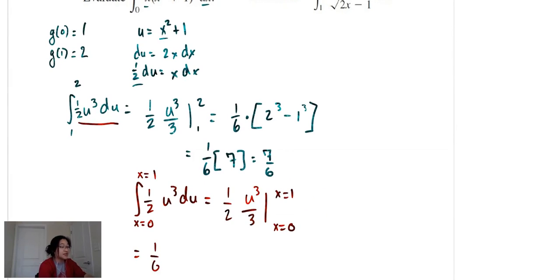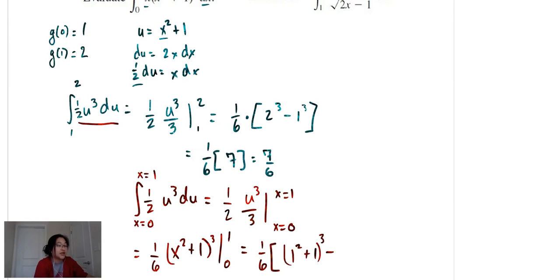So we have 1/6, and then u is x squared plus 1, and we're cubing that, and we're evaluating that at 0 and 1. And look, I dropped the x equals because now we have everything in terms of x. So now we have 1/6 times 1 squared plus 1 quantity cubed minus 0 squared plus 1 cubed, and that is 1/6 times 2 cubed minus 1, which is 7/6.